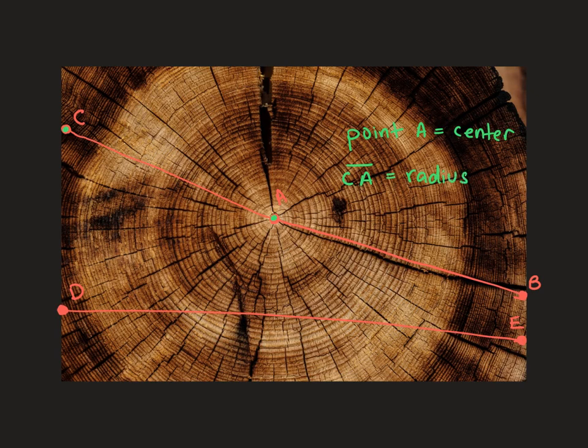And then line segment CB, that means it passes through the center. Pretend this is a straight line to B. That's the diameter.